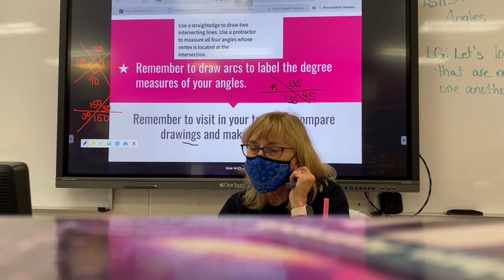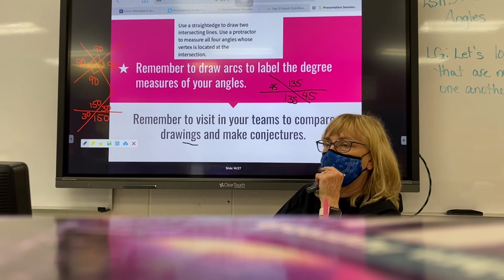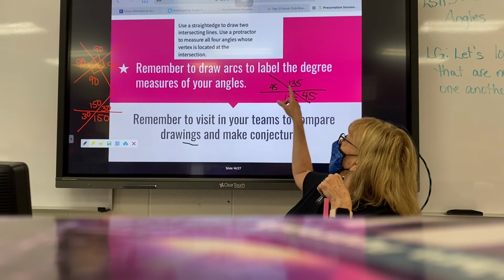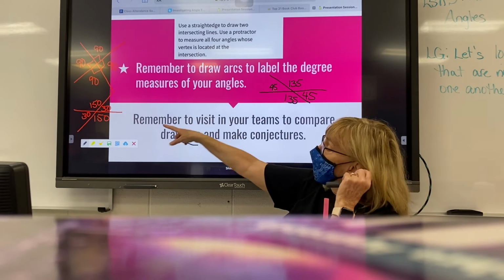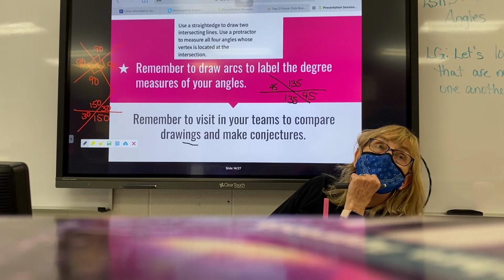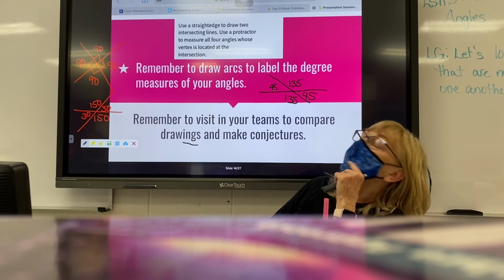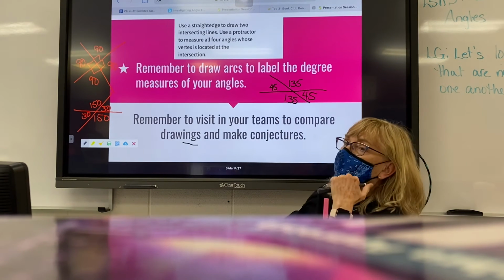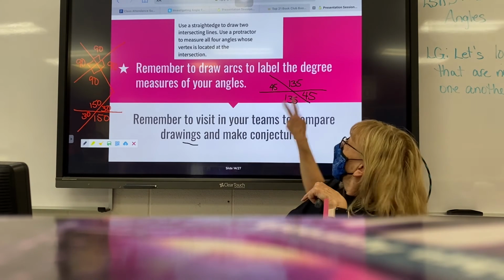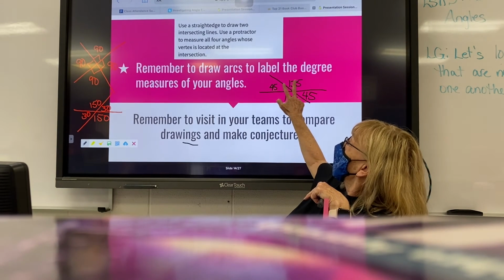So looking at mine, what can you tell me about my adjacent angles? They're even, or what is the word? Congruent? What do I mean by adjacent? The two angles that are connected. Okay, so these two are adjacent, right?